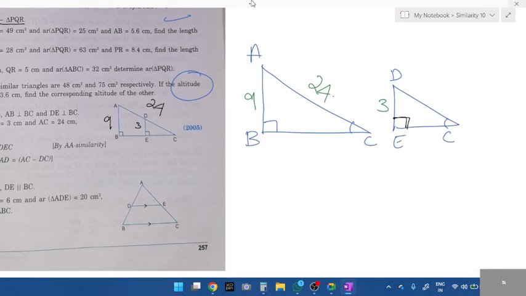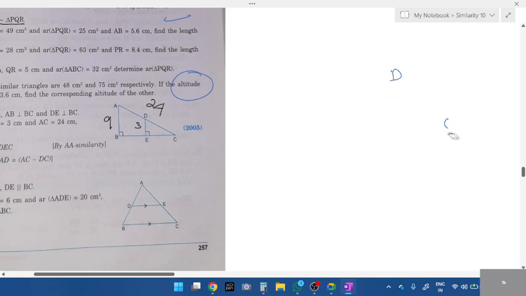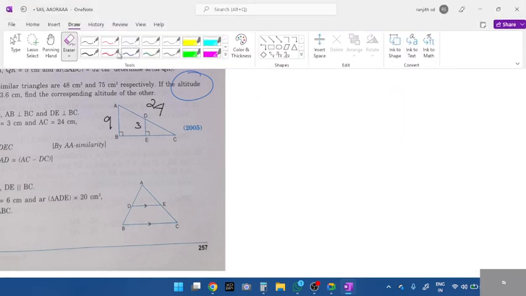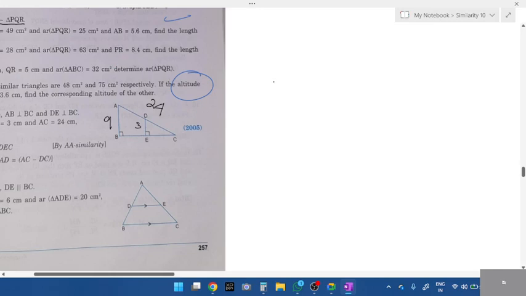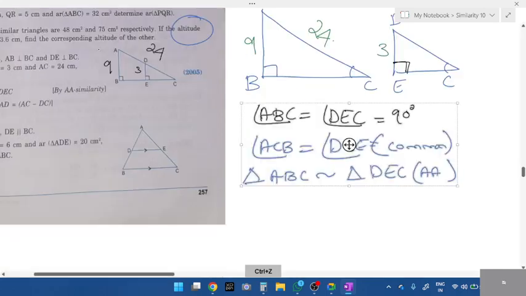Fine. Let me erase this. Let us use the proportionality theorem first. If I take AB, AB was opposite to which triangle, which angle? Look at this.